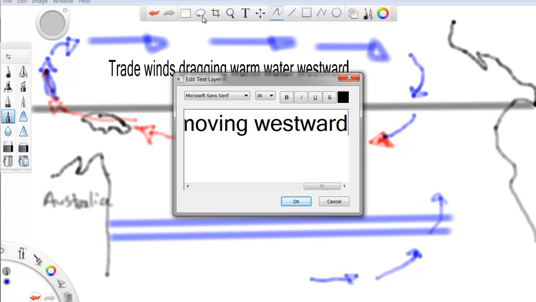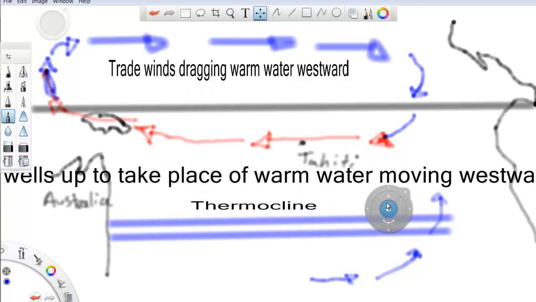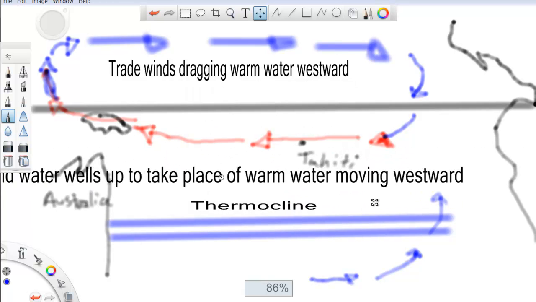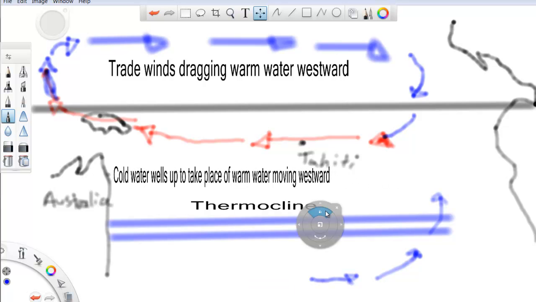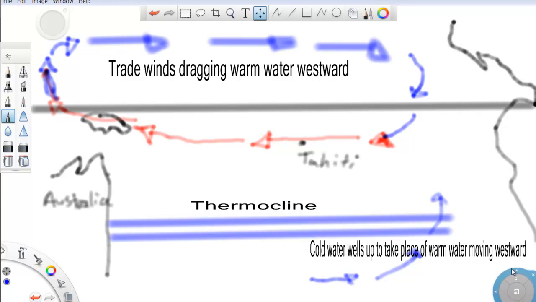So cold water wells up to take the place of warm water moving westward. And this is typically what we would see in a normal pattern in the ocean.